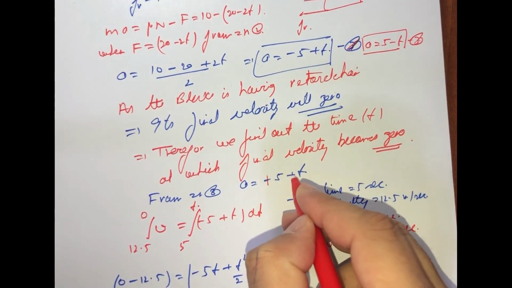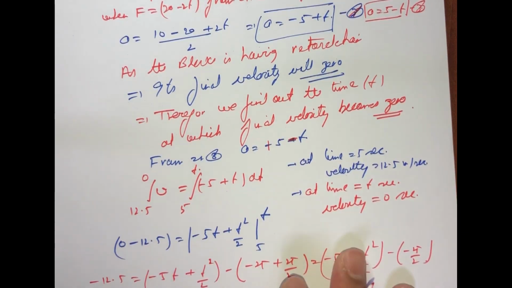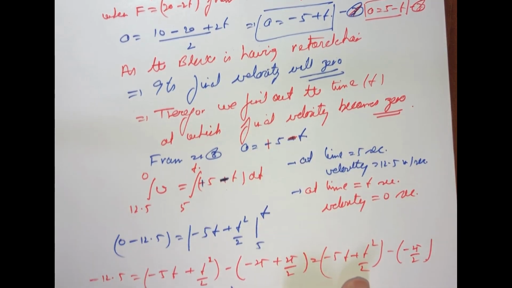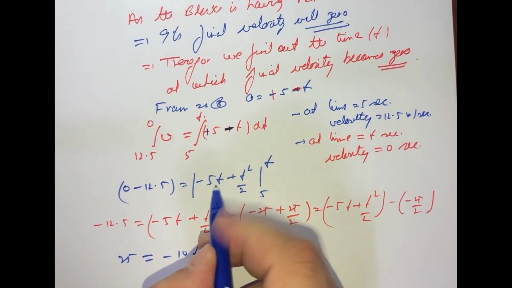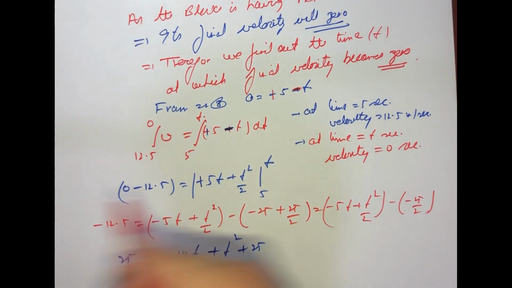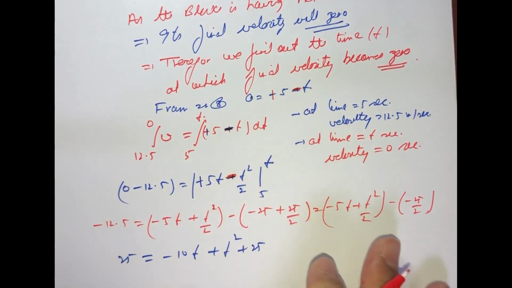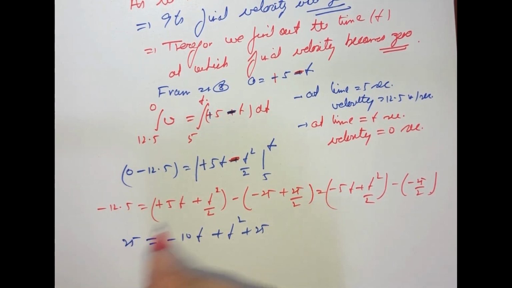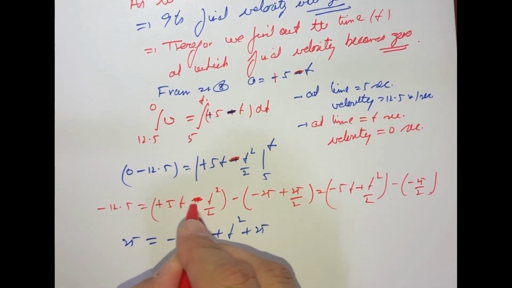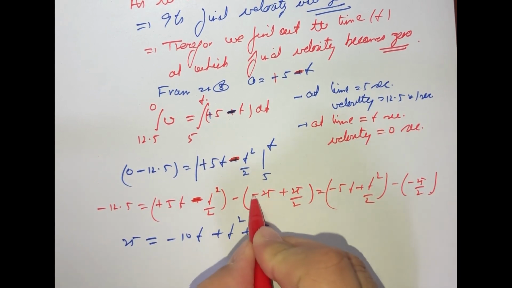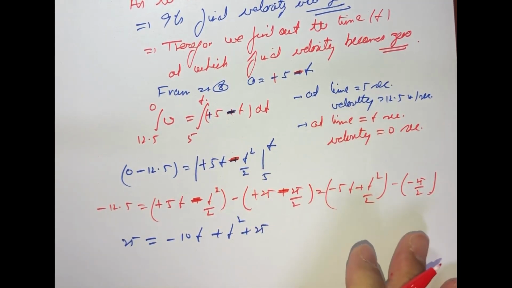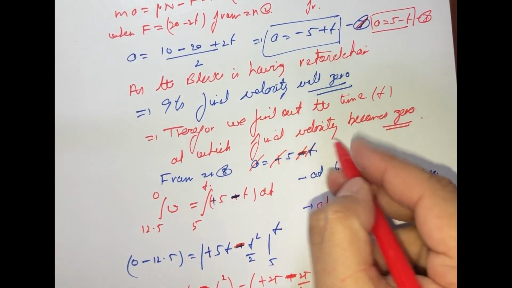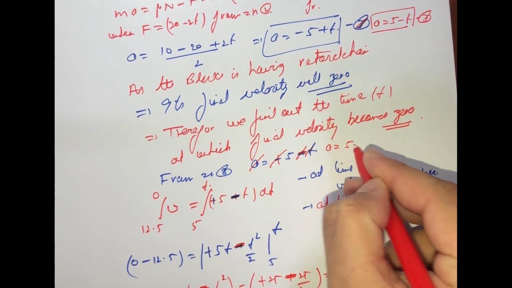So the signs change accordingly: this will become plus, this will become minus. Okay, apologies for that. So here I can write that this equation is 5 minus t.